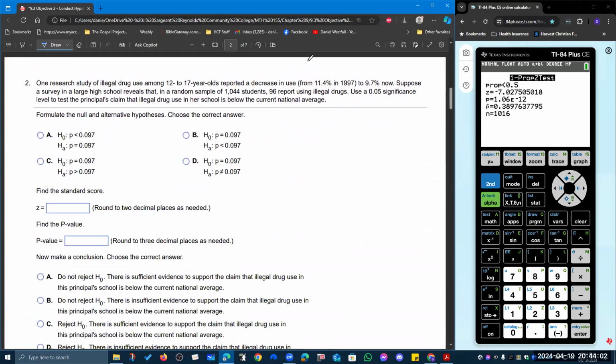One research study of illegal drug use among 12 to 17-year-olds reported a decrease in use from 11.4% in 1997 to 9.7% now.